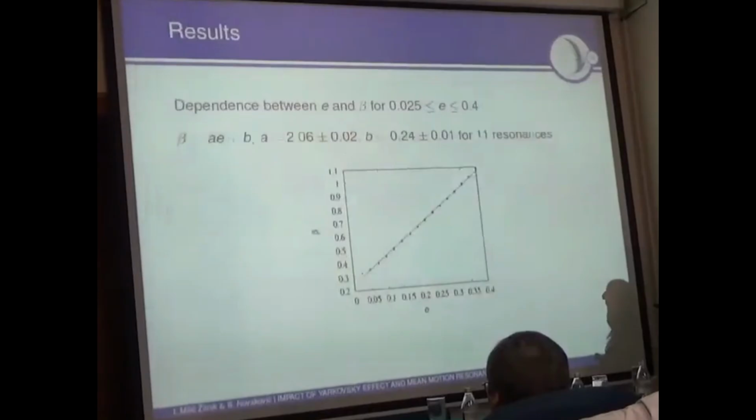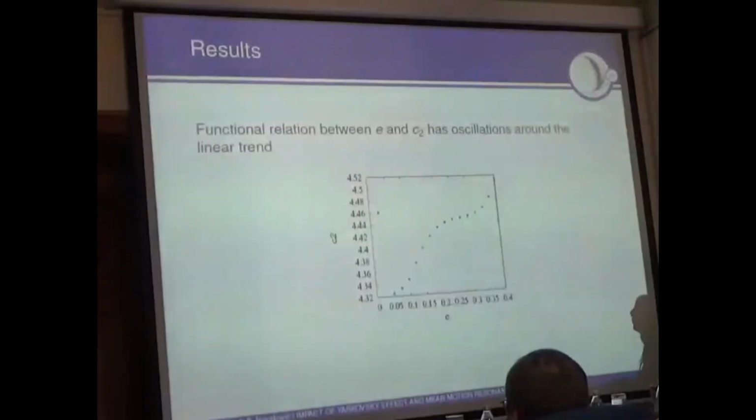And in this plot we got a functional relation between eccentricity and the unknown coefficient, and we got some oscillations around the linear trend.